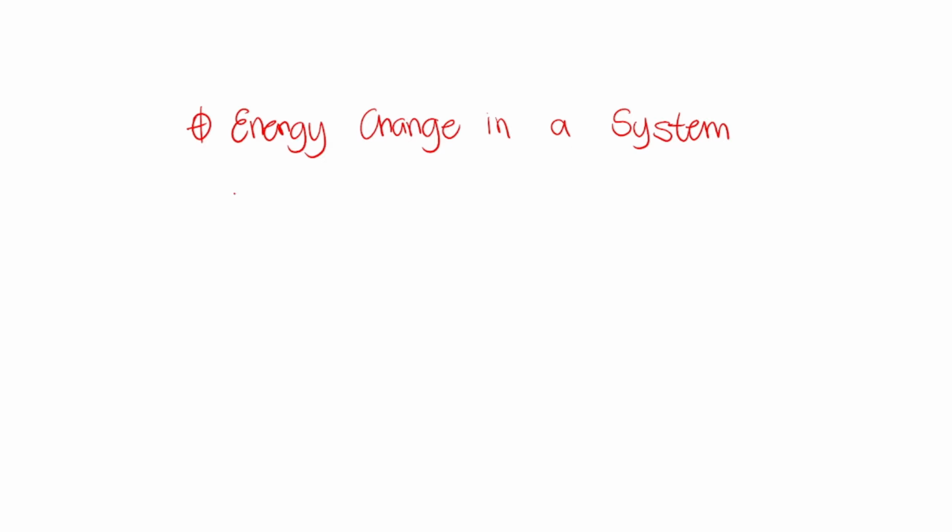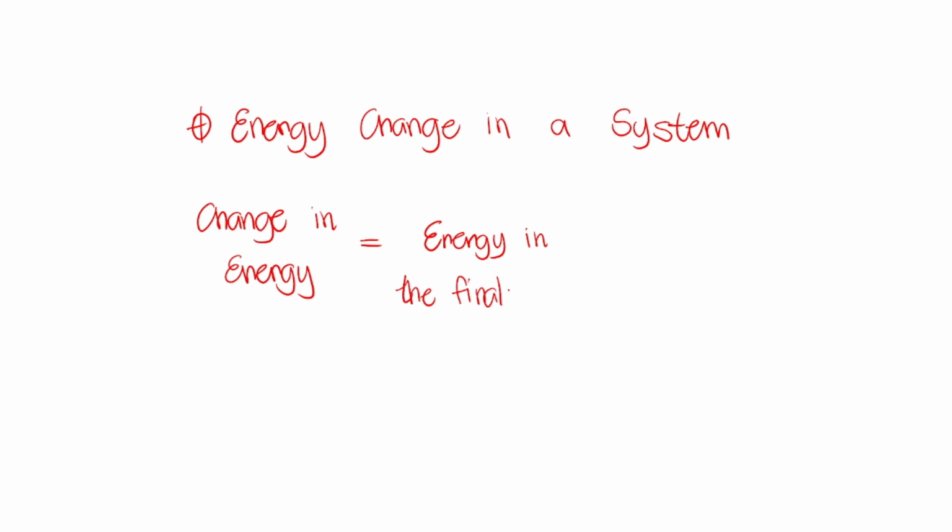So, again, the energy change in a system, or change in energy, is basically the difference between the energy in the final state minus the energy in the initial state.